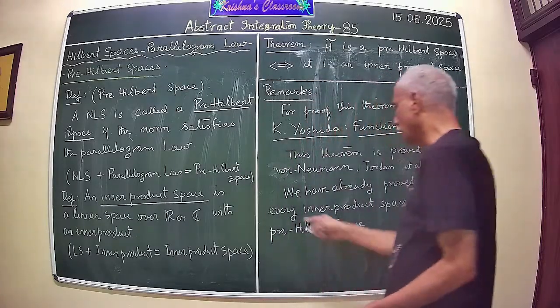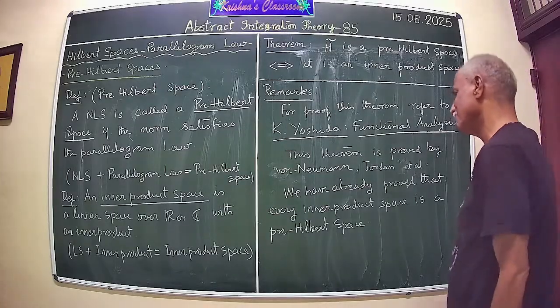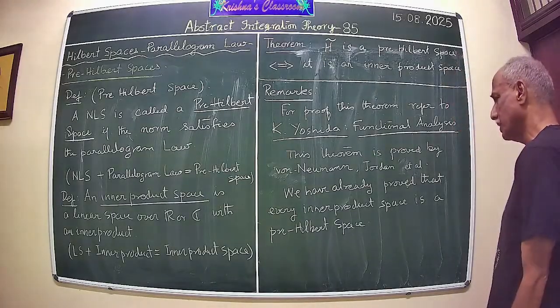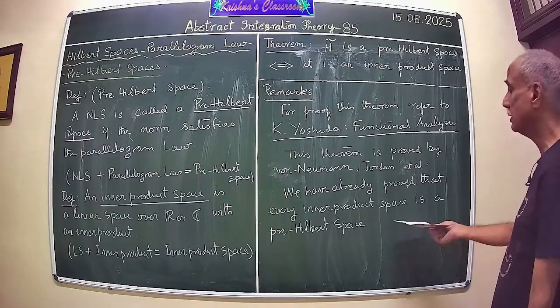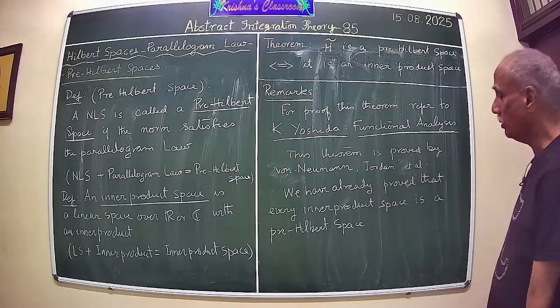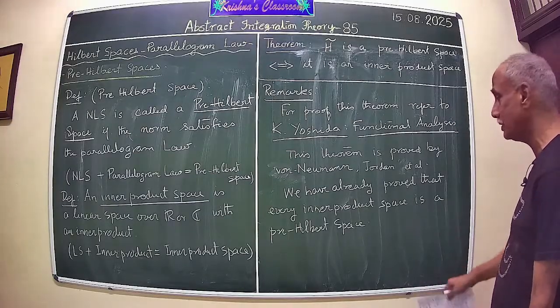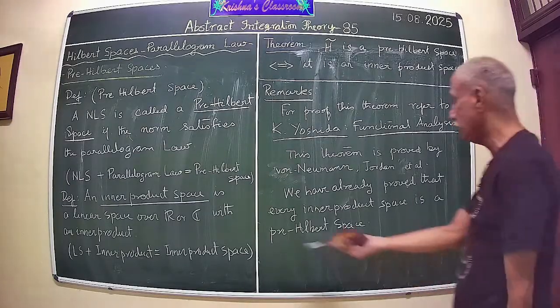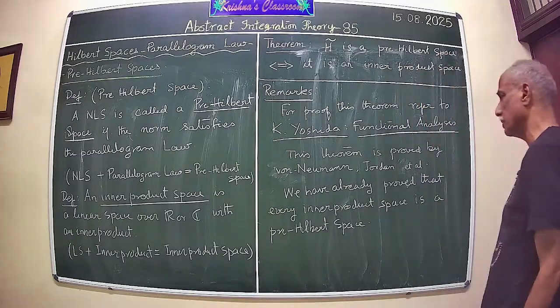Why? Because if you take an inner product space, there is already a norm coming from the inner product, and the parallelogram law holds good. Therefore, any normed linear space with a parallelogram law is a pre-Hilbert space. So this is relatively the simple part of it.